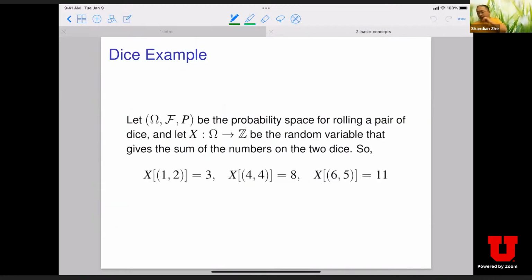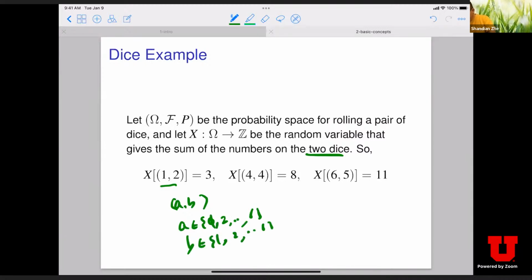So now let us look at some examples, right? Suppose you are rolling two dice. That means your sample space consists of pairs A and B, with A coming from 1, 2, to 6, and B coming from the same set. That's our sample space.